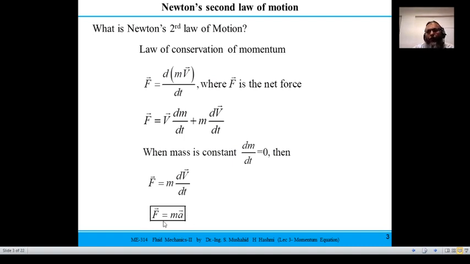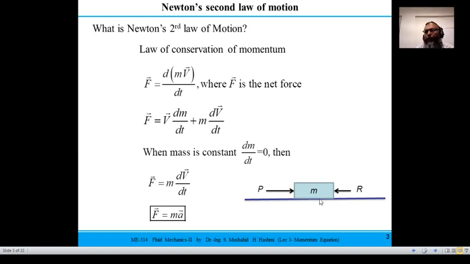It is important to understand that this force F is not the applied force which has caused acceleration to an object having a mass m. It is actually the net force. To accelerate this mass m, your applied force is P, and obviously there are some resistive forces. It could be a drag, it could be friction between the two contact surfaces.